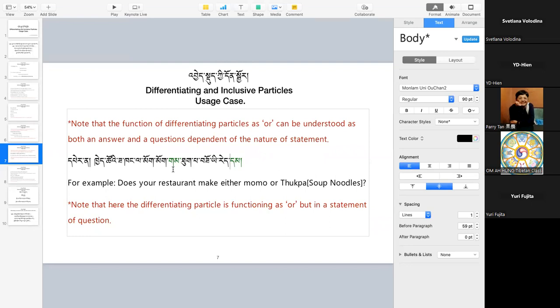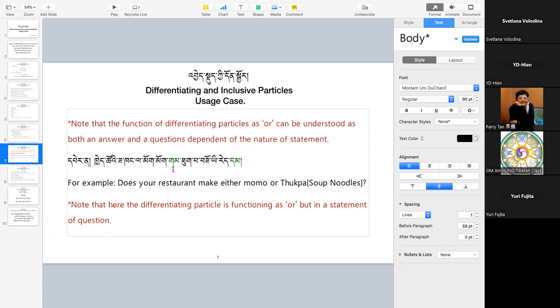Other than that, it has no influence at all upon the statement. But even if it's used in that particular statement, the usage case here is in the interrogative statement. So this is in order to introduce the inferential usage case as the interrogative statement.